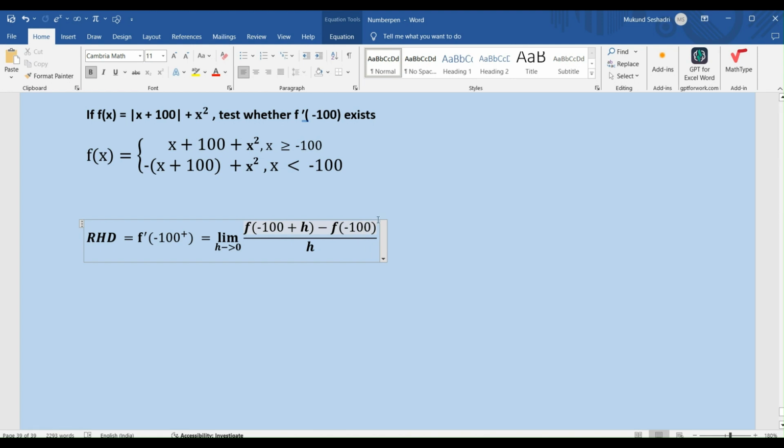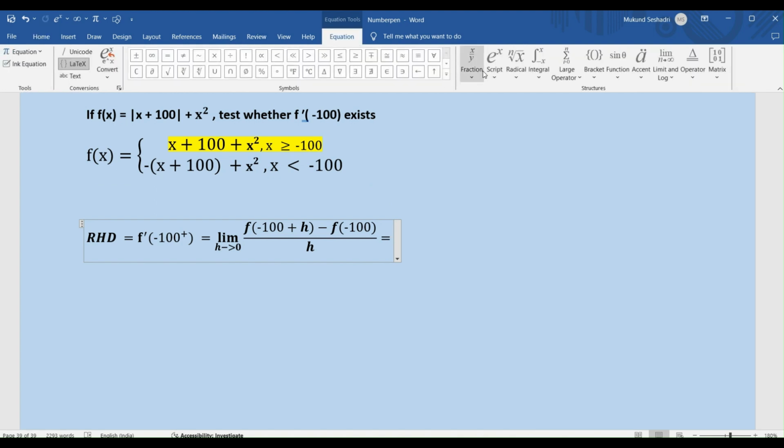And what is my first part of the numerator, which is f of minus 100 plus h? It is when x takes a value which is greater than minus 100, but by an infinitesimal h tending to 0. So, which means my f of minus 100 plus h is going to take the first equation, which is x square plus x plus 100, right? I'm just rearranging it.